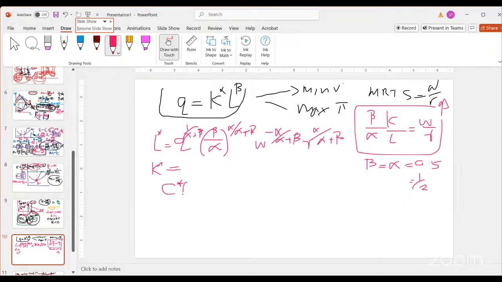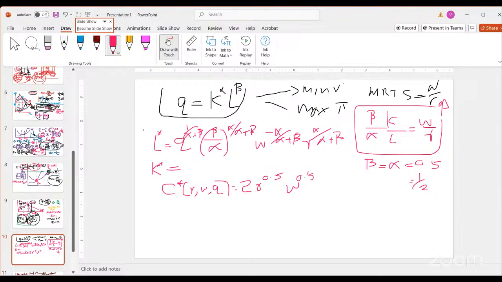Then the minimum value cost function, like last week, what we did, is a function of R, W, Q. The answer you definitely get here is 2 R to the 0.5, W to the 0.5, times Q. So don't just put the answer, you have to do this exercise.